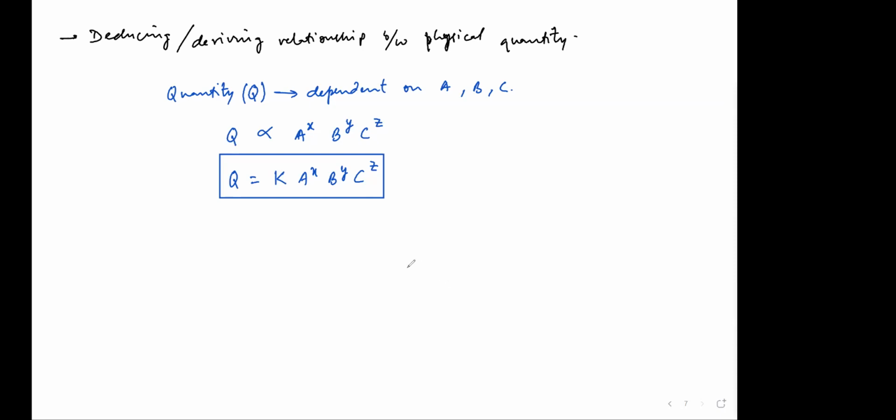So we have just defined a relationship to find this particular Q on the basis of its dependency on A, B, and C. On this basis, I'm giving you one question, to show how to solve any problem.